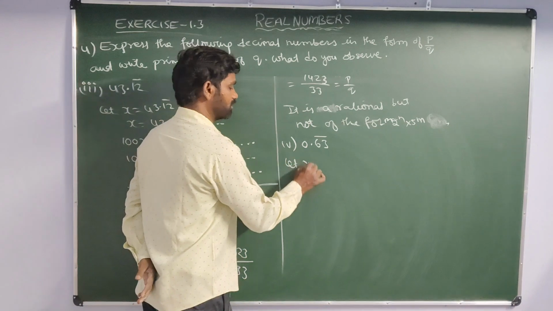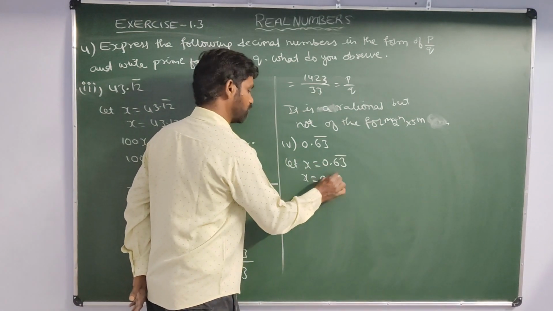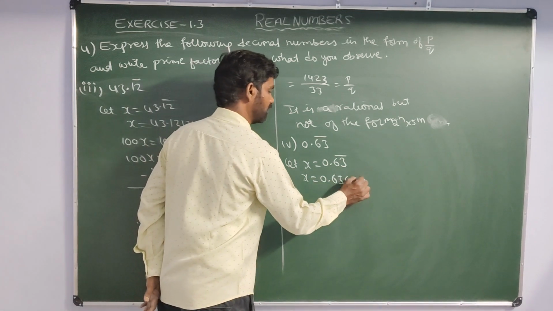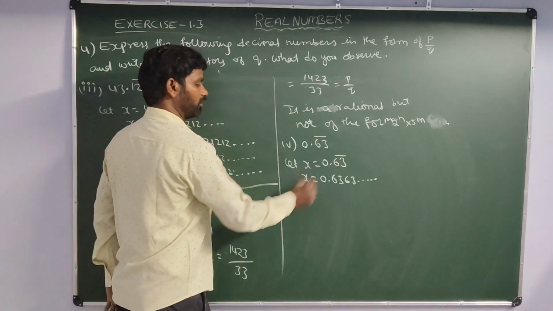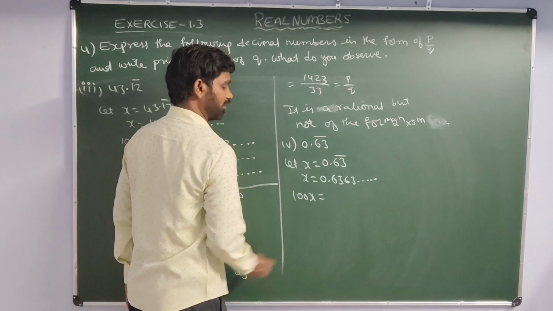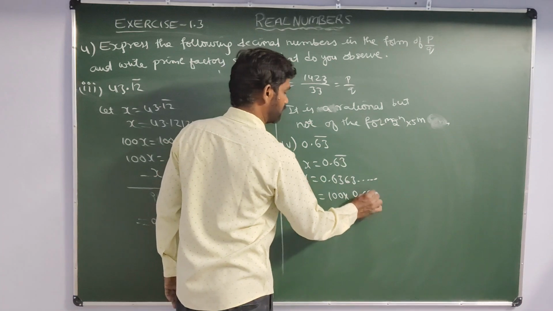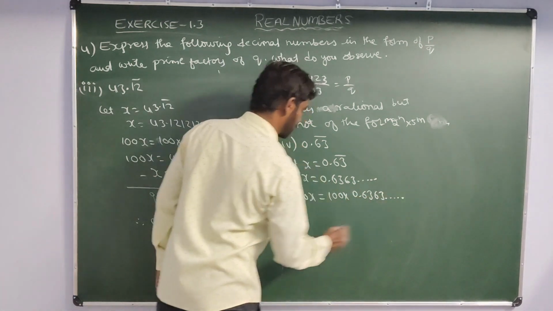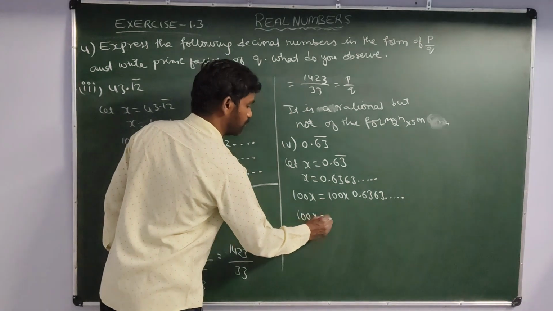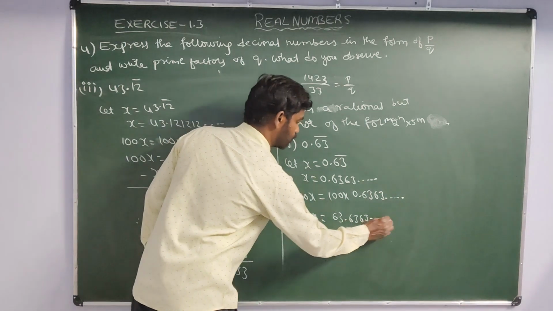So let x is equal to 0.63 bar, that is x is equal to 0.6363 and so on. The bar is on 2 digits, so multiply both sides by 100. So 100x is equal to 100 into 0.6363 and so on, which is 63.6363 and so on.